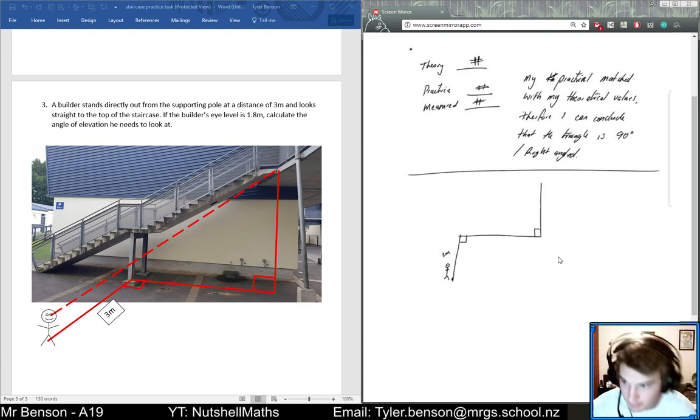Right. Now, from his eyes to the top, we've got this dotted line. Oh, it's really small now, isn't it? And with the same angle, we've got this one.